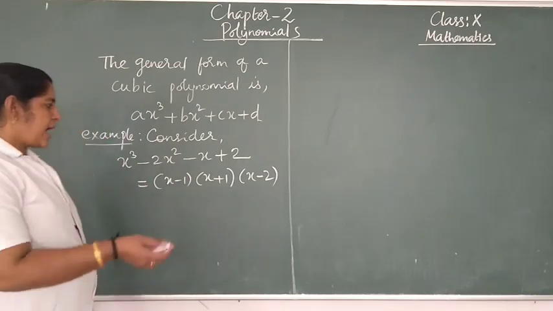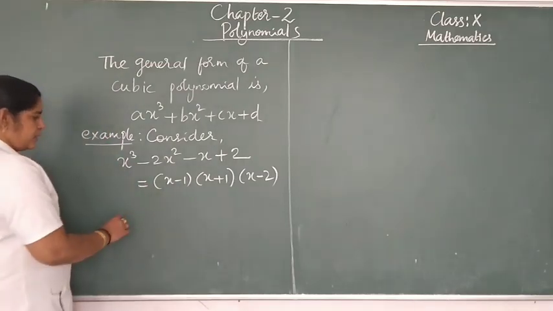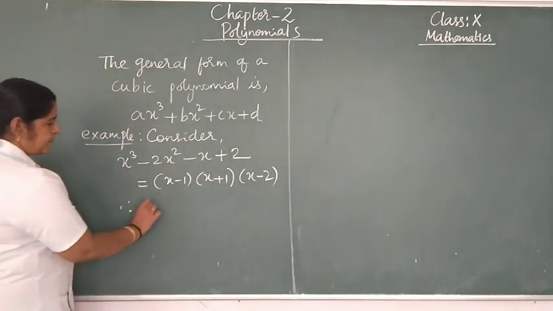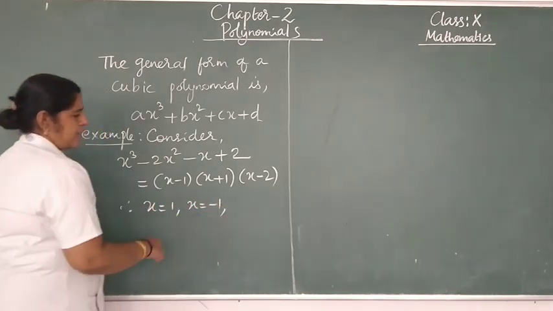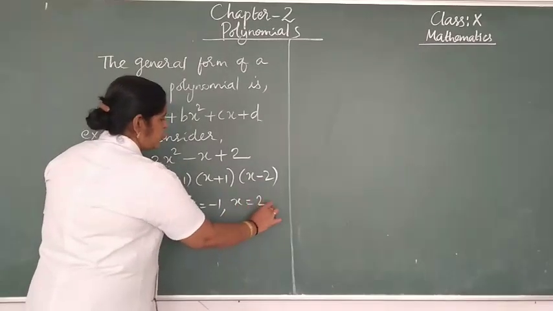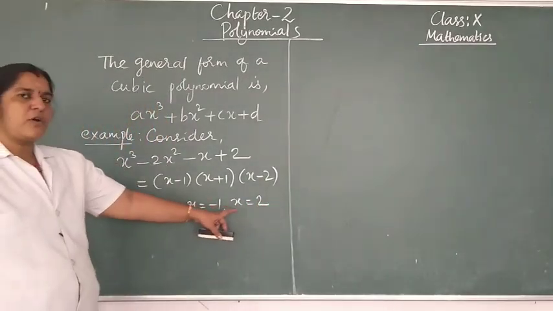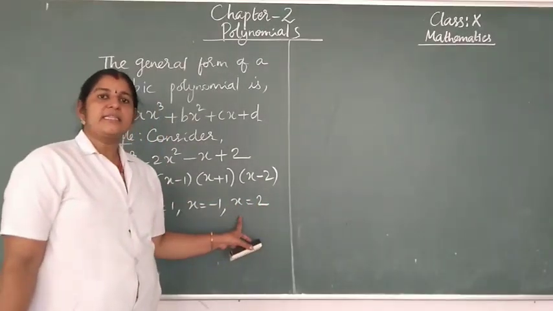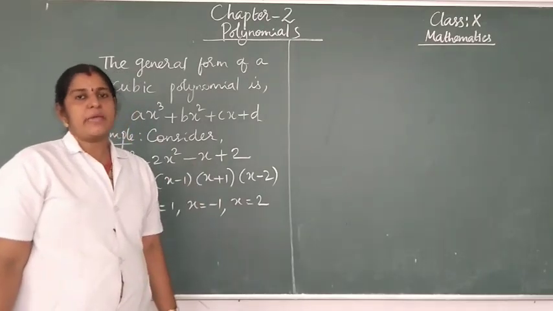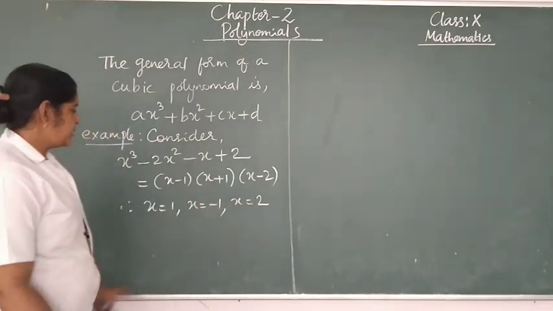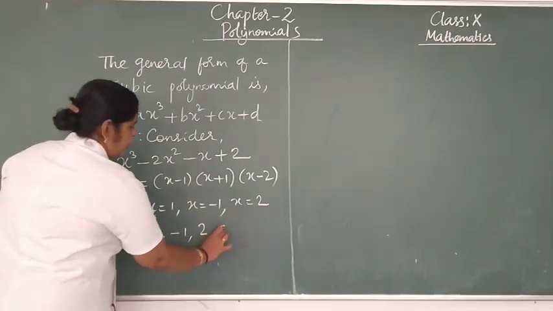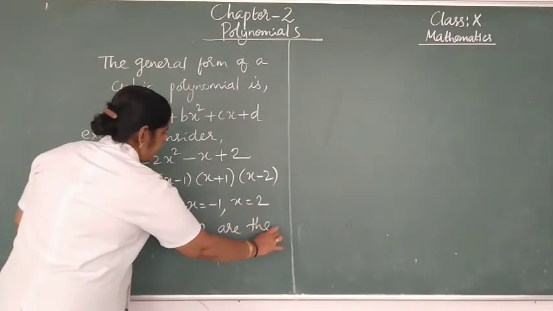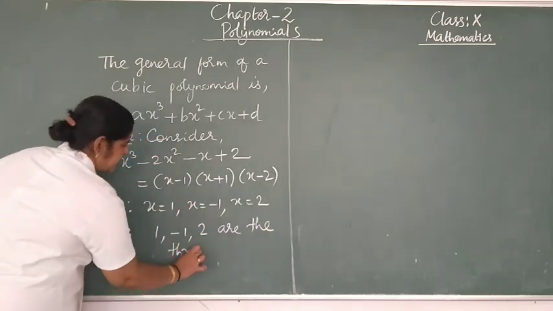So therefore we can say x equal to 1, x equal to minus 1 and x equal to 2. So these 3 values of x are actually the 3 zeros of this cubic polynomial. So this 1, minus 1, 2 are the 3 zeros.